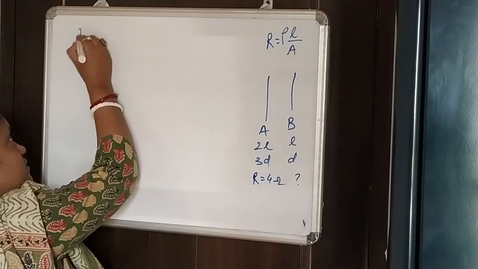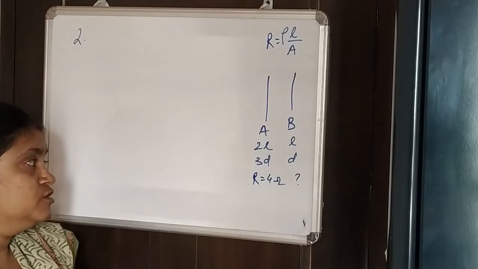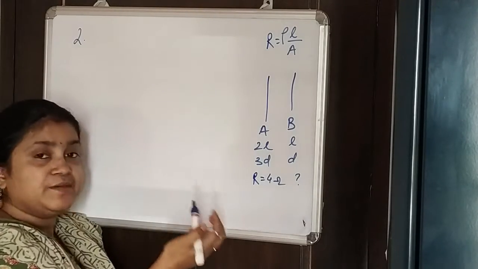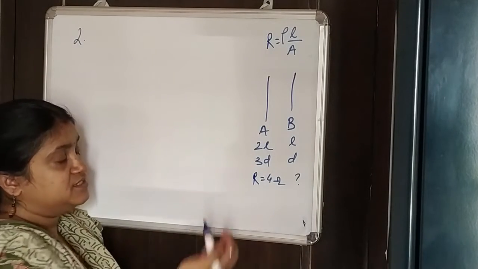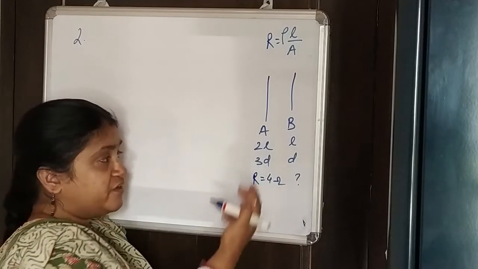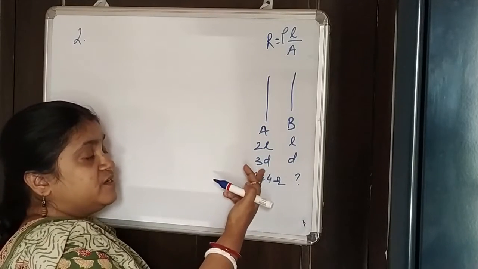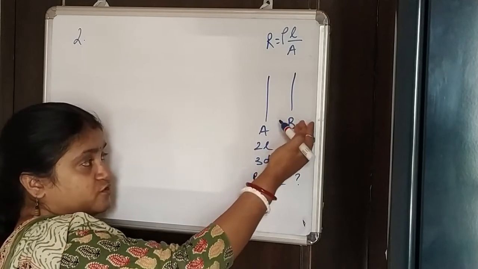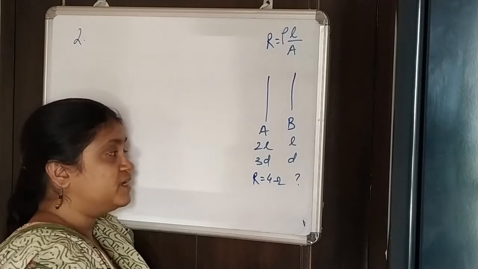Coming to the second numerical, this is also based on the resistivity of the material. So in this numerical, we are given two wires of the same material. First wire is A and second wire is B. The length of the first wire is double the length of the second wire, that is the length of A is double the length of B, whereas the diameter of A is thrice the diameter of B. So for the B wire, I have taken length L, so the length for A becomes 2L.